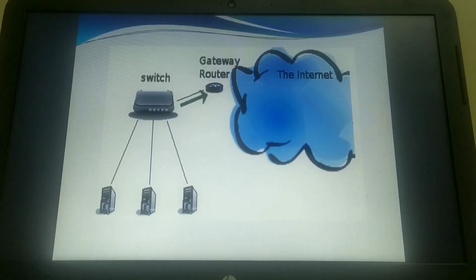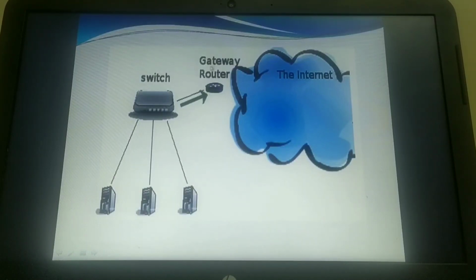Protocol conversion, I can give an example. Protocol conversion is needed because communication may take place between different devices, maybe from a PC to a server, which may use different protocols that are not compatible with each other. In that case, the gateway acts as an interface or mediator between the devices.